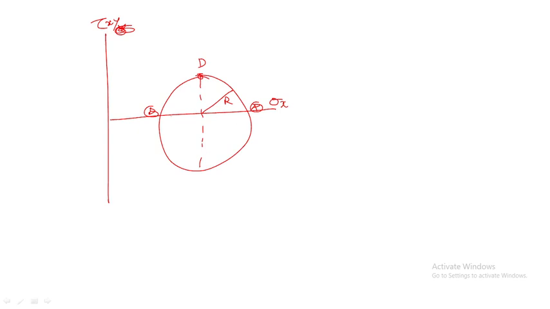Now at points A and B, what can we say? Shear stress is 0.